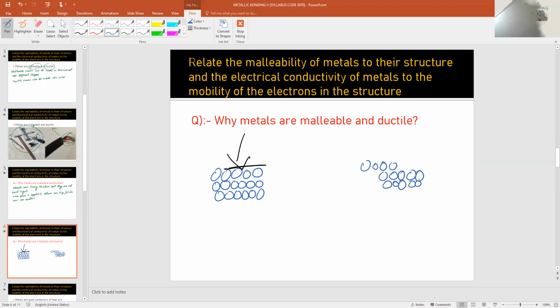And as a result, the shape changes. That is, they are malleable and ductile.